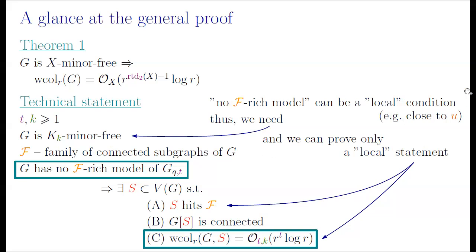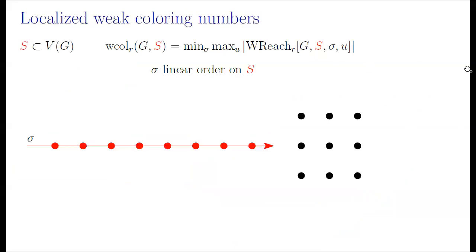in a graph. Okay, so let me give you a definition of this localized variant of weak coloring numbers. We fix some subset of vertices S. And the definition is the same, but here there is some dependency on S. Sigma is now only a linear order on S, so on this fixed set.